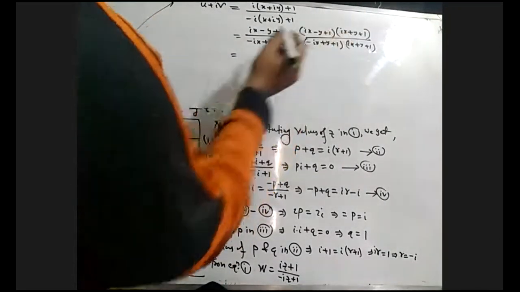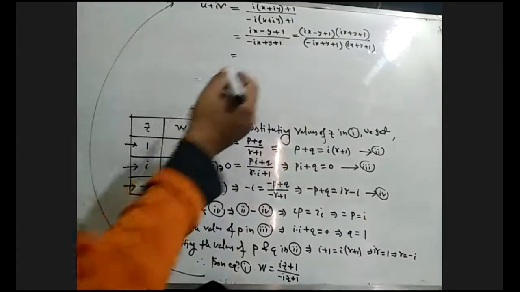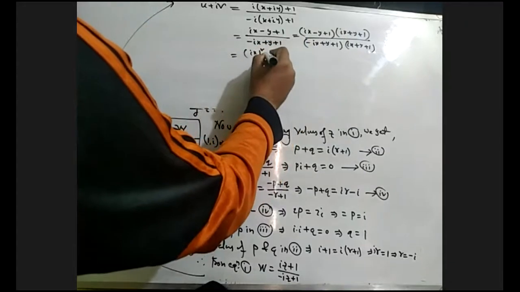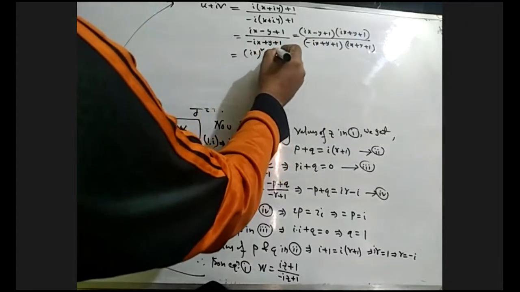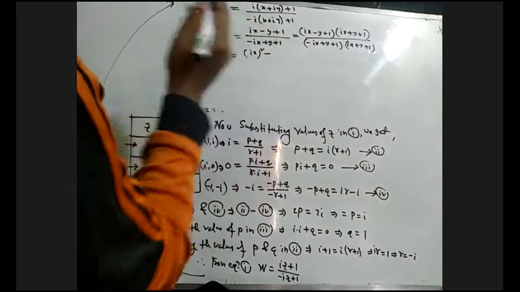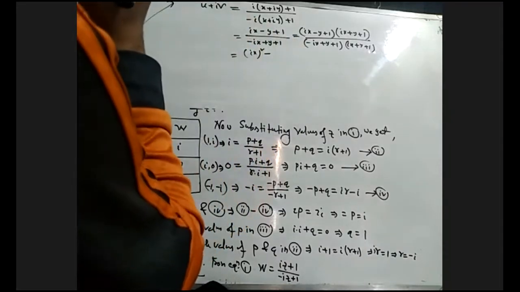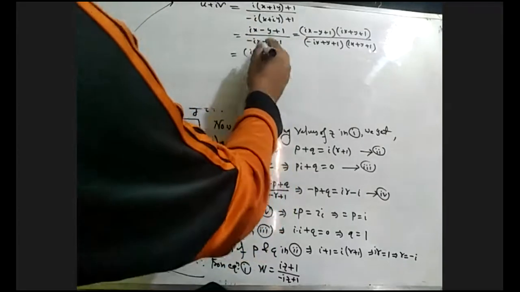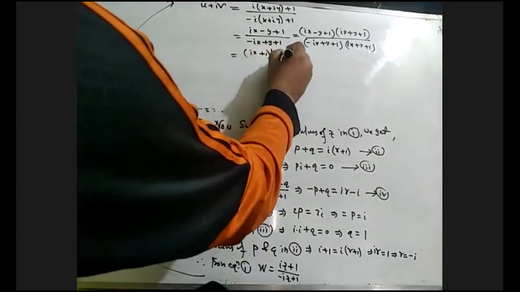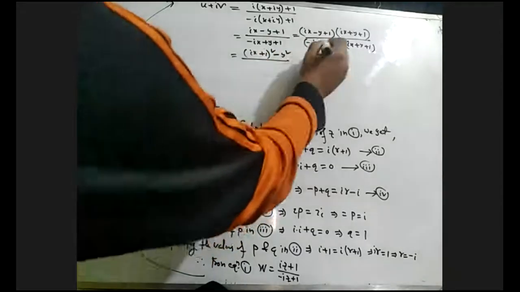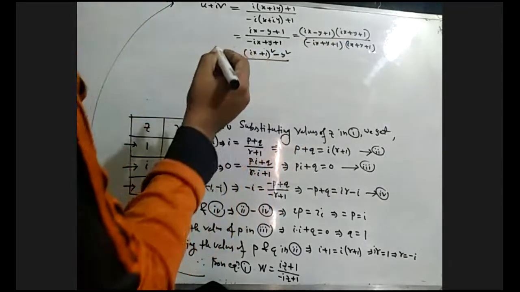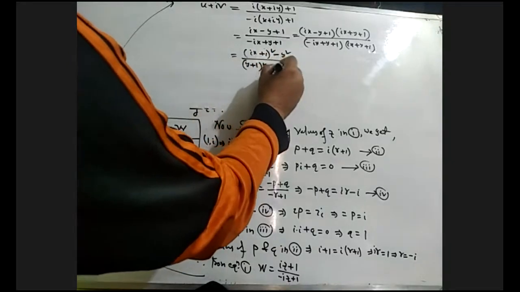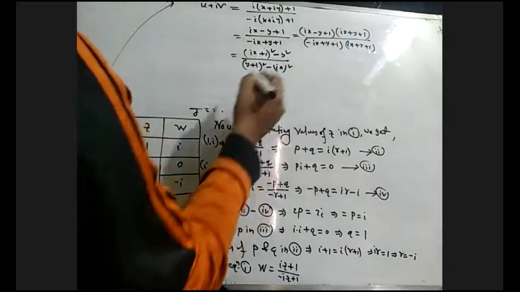Here we get (ix) whole square, minus (ix plus 1) whole square minus y square in the numerator, and in the denominator (y plus 1) whole square minus (ix) whole square.